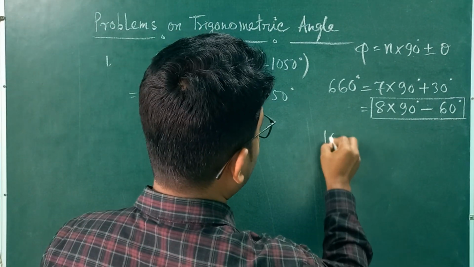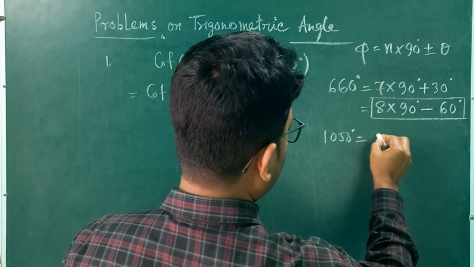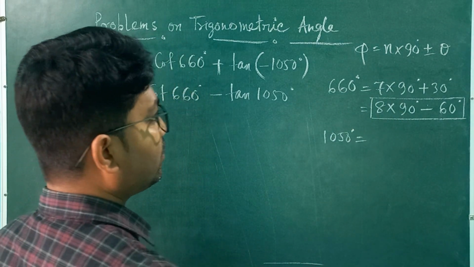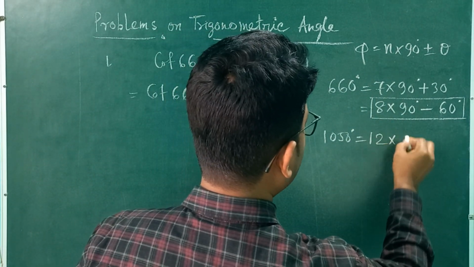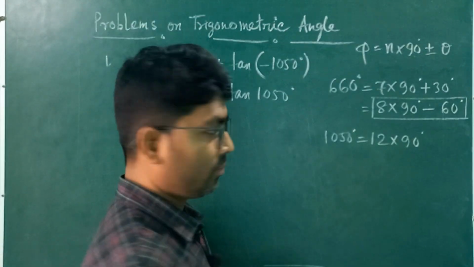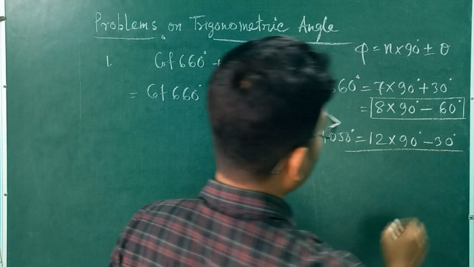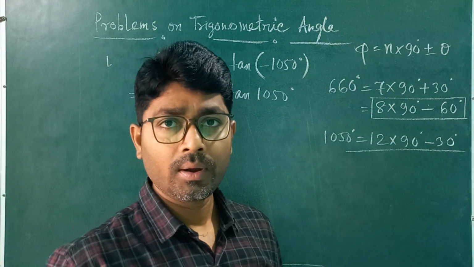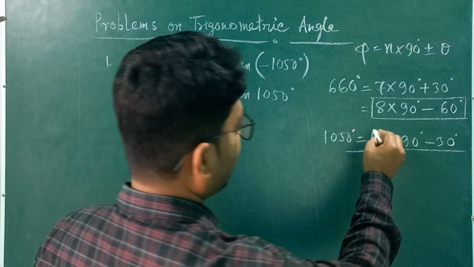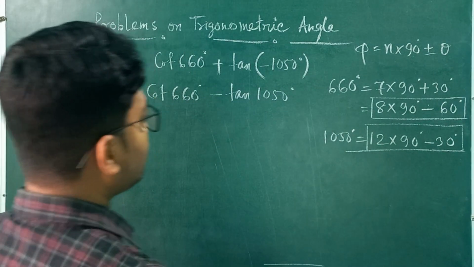Similarly, how can we break 1050? 10 into 90 means 900, 12 into 90 is 1080, minus 30. I say you can break in any form, but which is better is even multiple of 90. You can take the even multiple of 90.